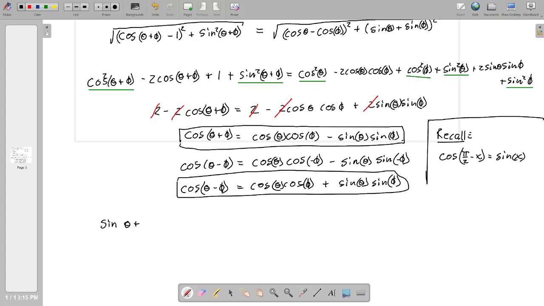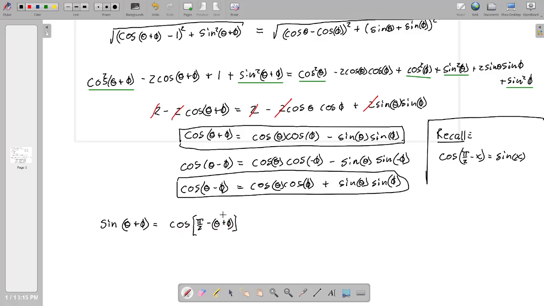of theta plus phi, what I'm going to do is rewrite this as cosine of pi over 2 minus theta plus phi, like this. So my x is being replaced with theta plus phi. Sine of x, sine of theta plus phi, cosine of pi over 2 minus x, cosine of pi over 2 minus theta plus phi.